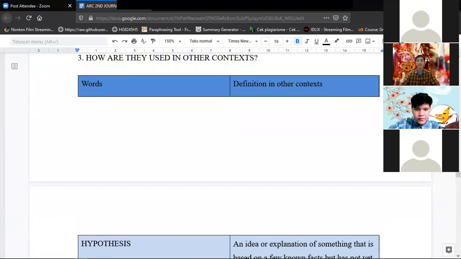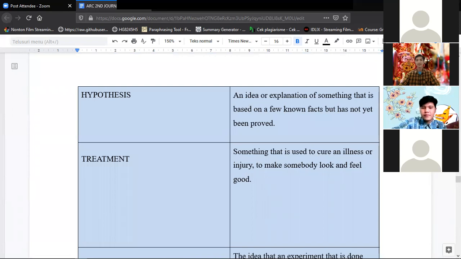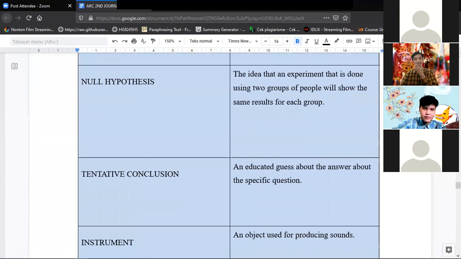Next. Okay. How are they used in other contexts? For hypothesis, hypothesis is an idea or explanation of something that is based on a few known facts but has not yet been proved. And then treatment. Treatment in another context is something that is used to cure an illness or injury, and or to make somebody look and feel good. So treatment is usually used in health settings like that.